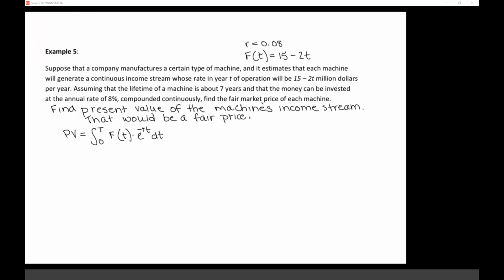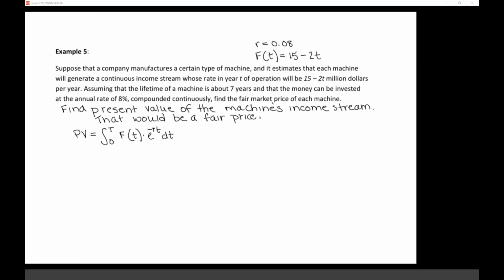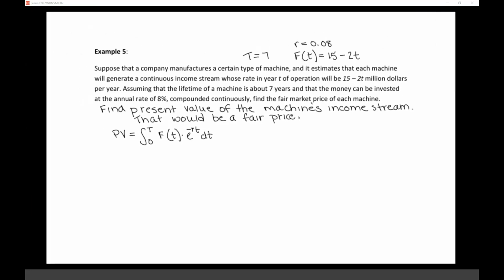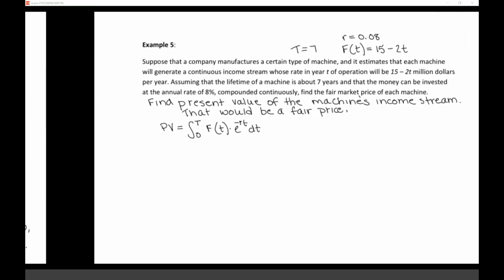The other thing I need is the capital T, that's the upper bound on the integral, and that's the lifetime of the machine. So I'll say T equals 7. Little t in this example is the variable of integration, so I don't need a value for it. So let's plug stuff in and see what I got.